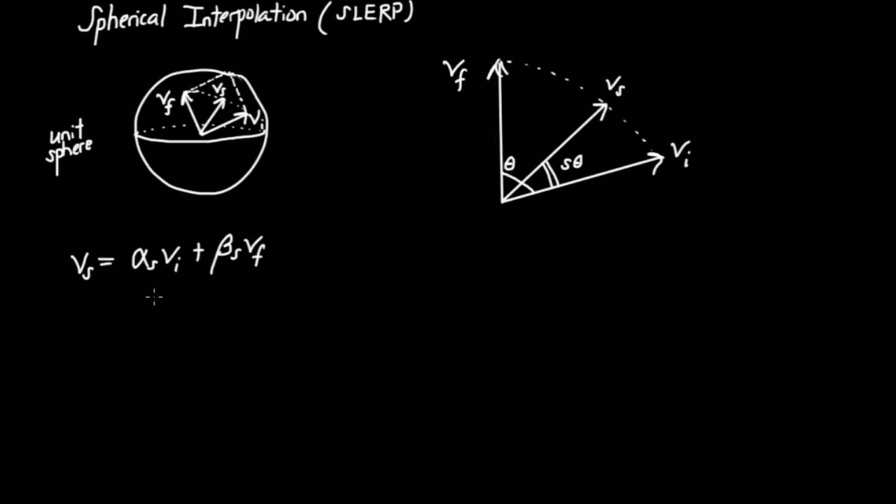I'm going to call those two coefficients alpha sub s and beta sub s. Of course, these coefficients are going to be functions of the parameter s, because the right linear combination to use depends on where along this segment of the great circle you want to be. For example, if you want to be midway in between, those coefficients are going to be different than the right coefficients to use if you want to be 75% of the way along the arc of the great circle.